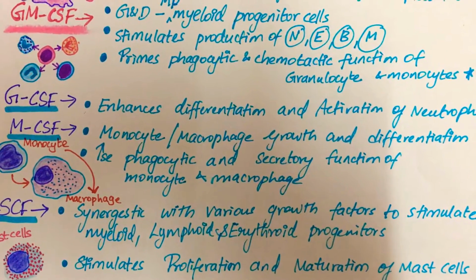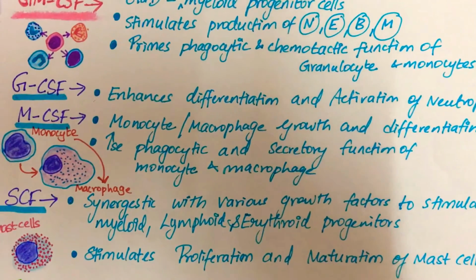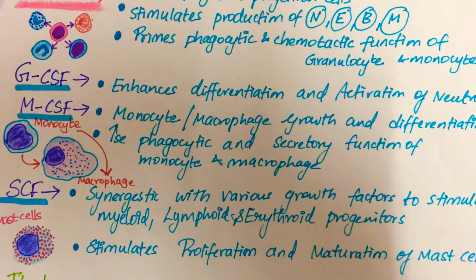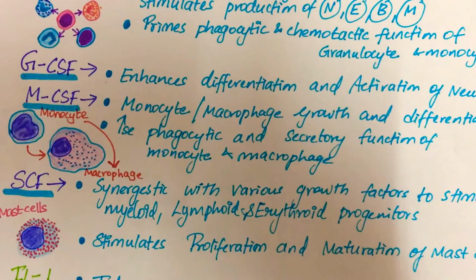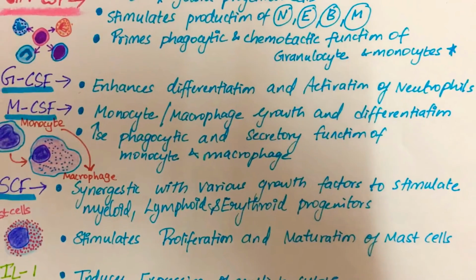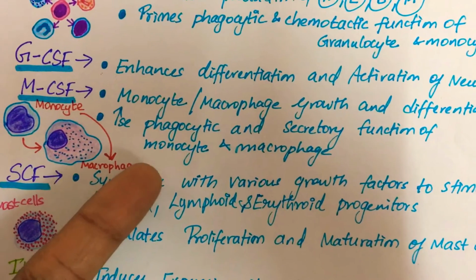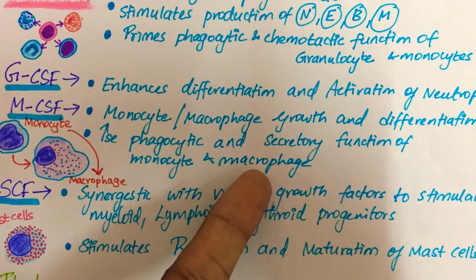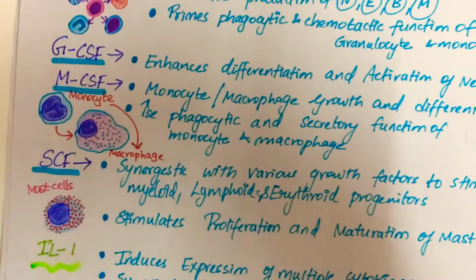Macrophage is developed from monocyte, and monocyte colony stimulating factor plays an important role in it. It also increases the phagocytic and secretory function of both monocyte and macrophage. Monocyte is commonly present in the circulation, macrophage is present in the tissues and connective tissues.